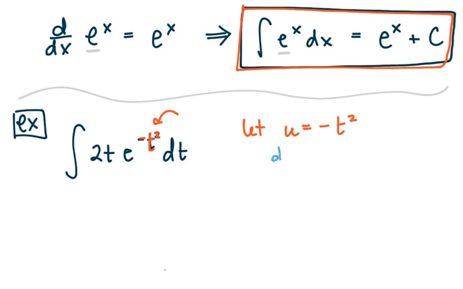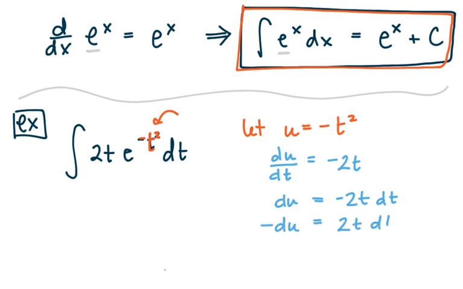And so that means the derivative of u with respect to t equals negative 2t, or rather du equals negative 2t dt. So negative du equals 2t dt.